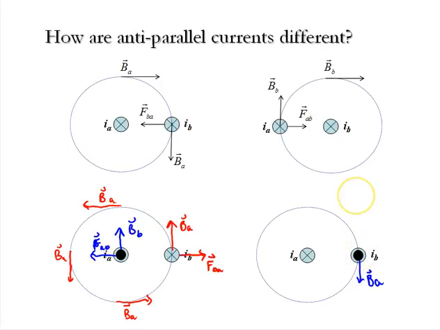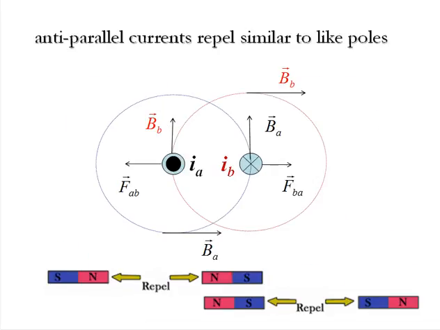So when we do our I crossed with B with our right hand, we have our F_BA pointing in this direction, and I'll let you do that on your own, but you'll find that this current will also have a repelling force. So what we find about anti-parallel currents is that they repel, similar to how like poles repel.